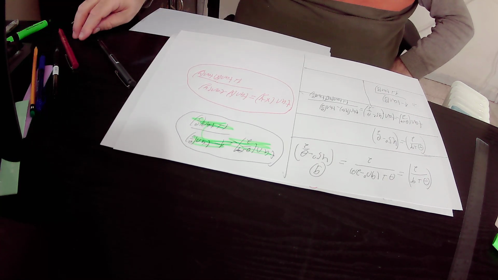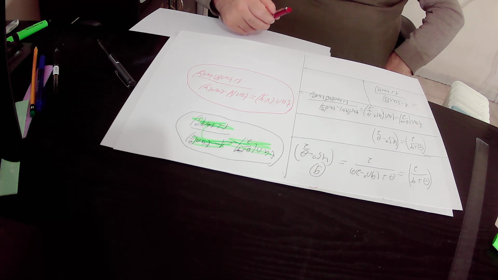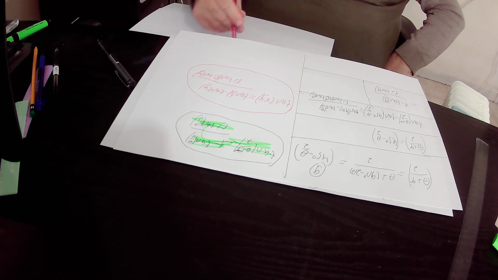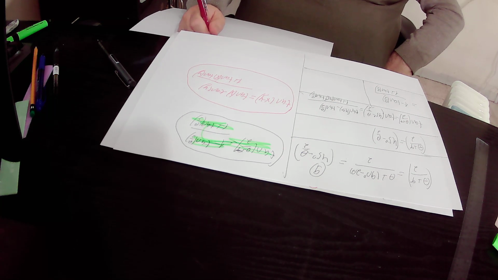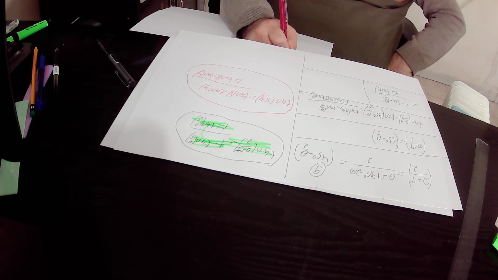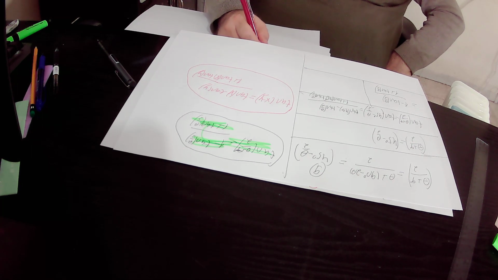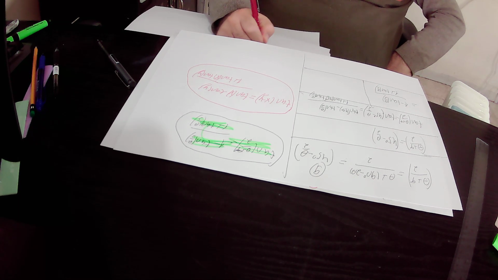We have a special trigonometric identity for tangent theta over 2, and according to this identity, we'll get that the value of tangent theta over 2 is equal to 1 plus sine theta over cosine theta.